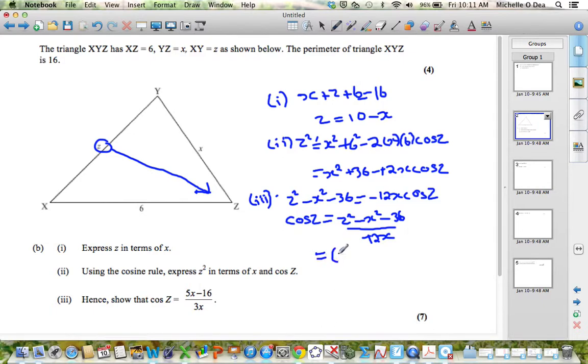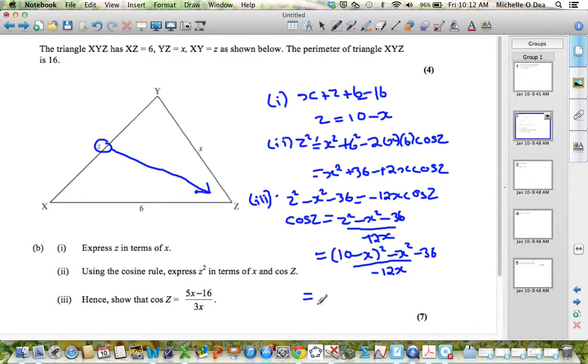So we've got 10 minus x all squared minus x squared minus 36, all divided by minus 12x. And then it's just a matter of playing with the algebra to simplify that.